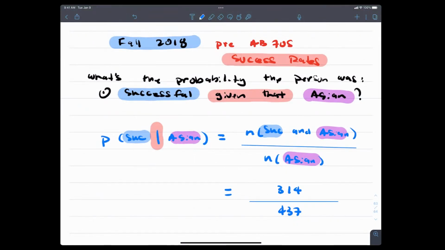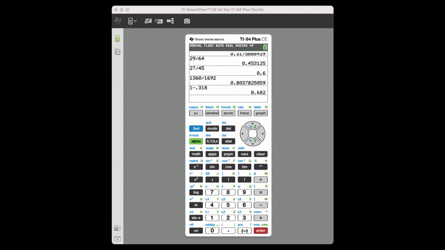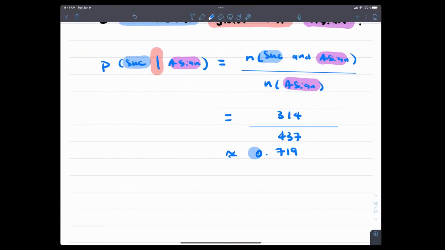So tell me, what is that ratio going to be in the TI calculator? Let's find out what that is. Let's clear this. 314 divided by 437. What did you guys get now? 0.71, let's go to the nearest thousandths again. 0.719.